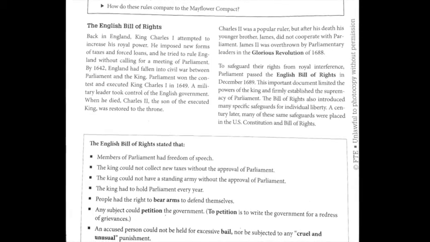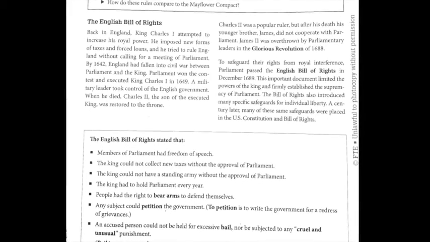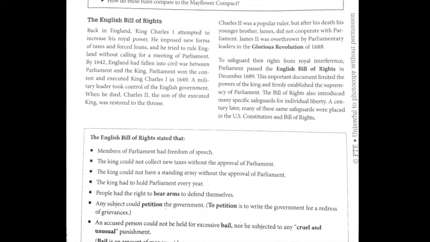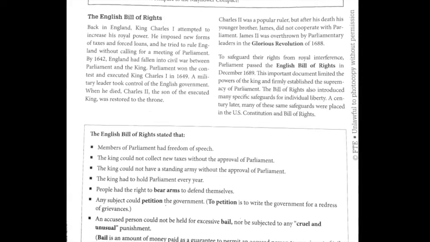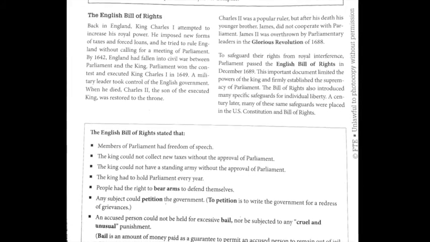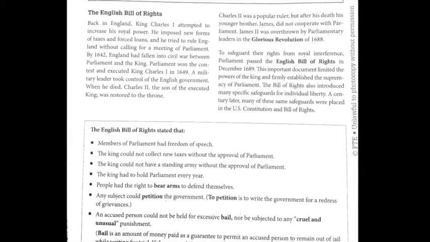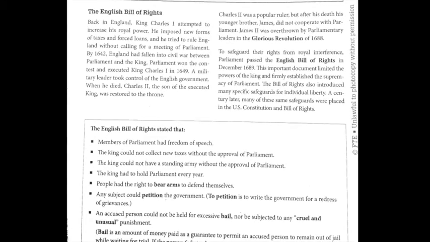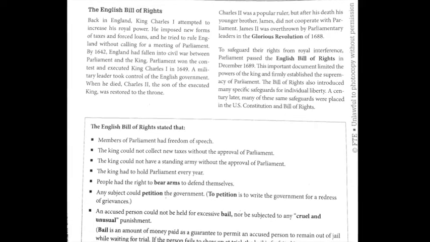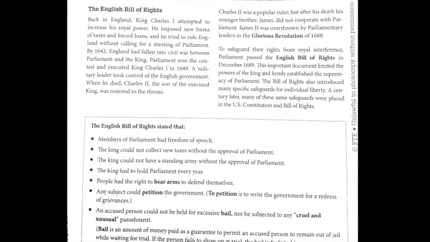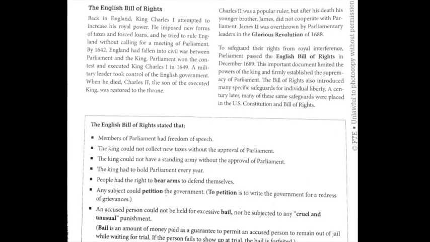A century later, many of the same safeguards were placed in the U.S. Constitution and the Bill of Rights. The English Bill of Rights stated that, if you look at the box on the bottom, members of Parliament had freedom of speech, the king could not collect new taxes without approval of Parliament, the king could not have a standing army without the approval of Parliament, the king had to hold Parliament every year, people had the right to bear arms to defend themselves, any subject could petition the government, and to petition is to write the government for redress of grievances, and an accused person could not be held for excessive bail, nor be subjected to any cruel and unusual punishment.